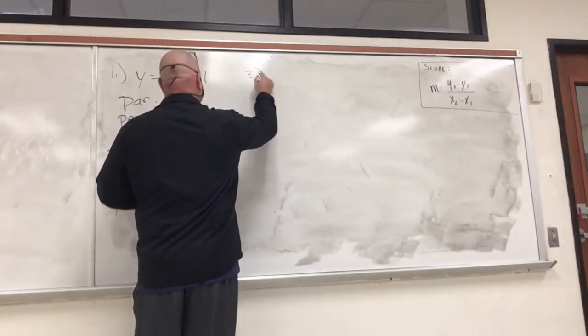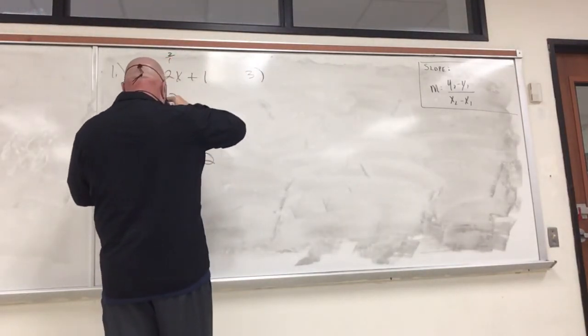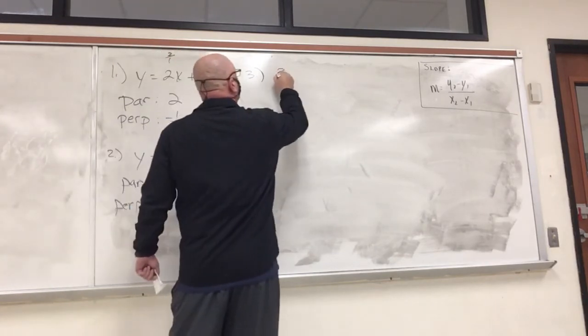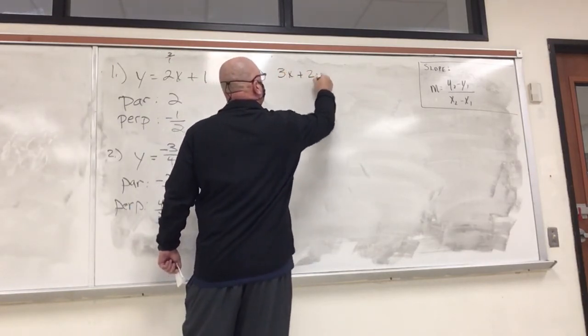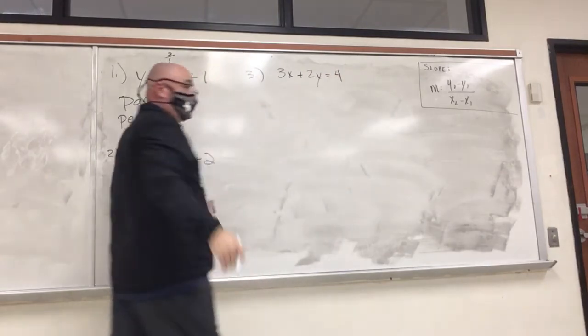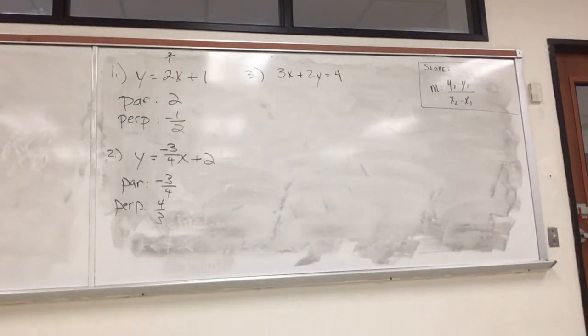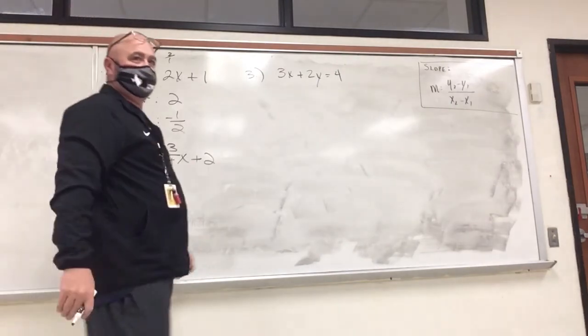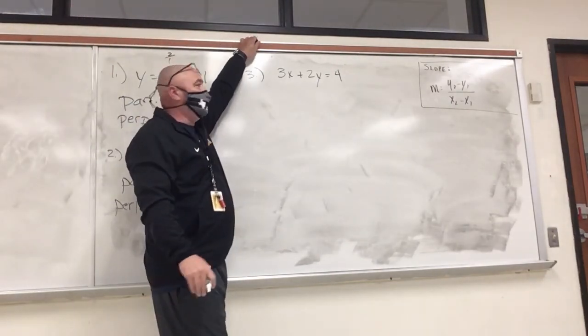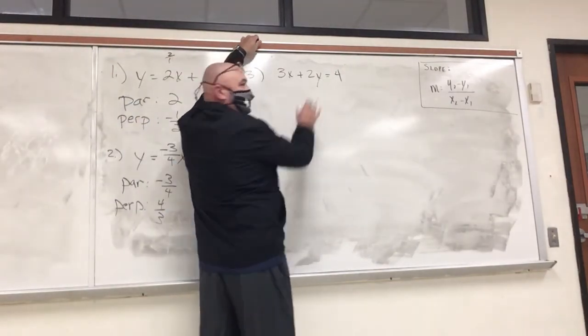Number 3. This is where it gets maybe a little more complicated: 3x plus 2y equals 4. X and Y are on the same side, aren't they? For me to be able to quickly look at this, they can't be on the same side. So I need to put y by itself.